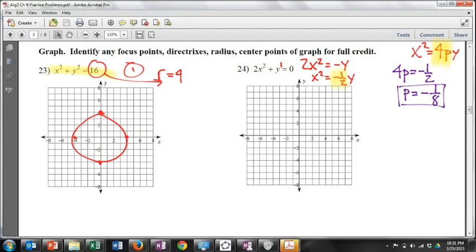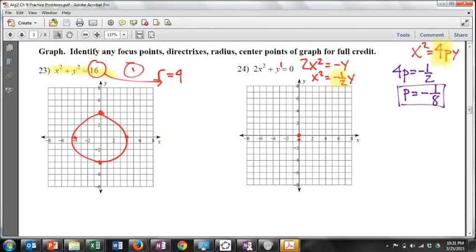Now, it's an x squared type of parabola. That means it's going to go up or down. I know that p is equal to negative 1/8, so I know it's going to go down. It's going to start at the origin because this equation here, x squared, it's like x minus 0 squared and y minus 0, so it's right at the origin. It's going to go downward.